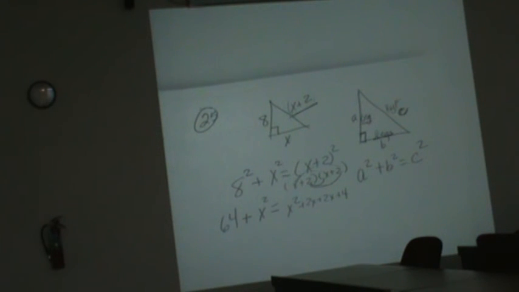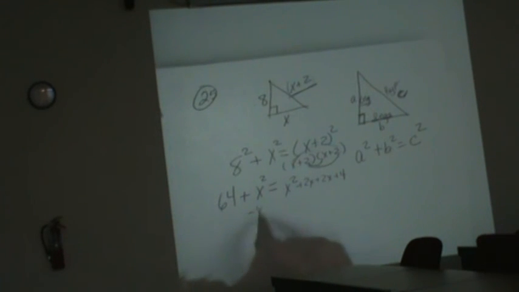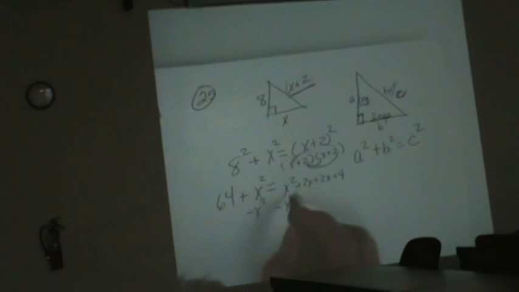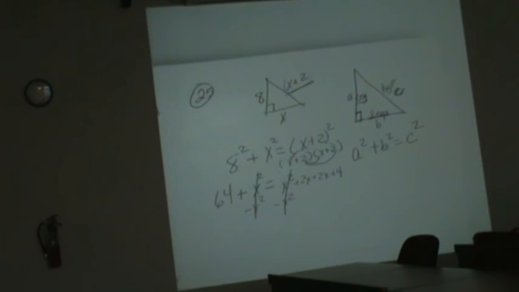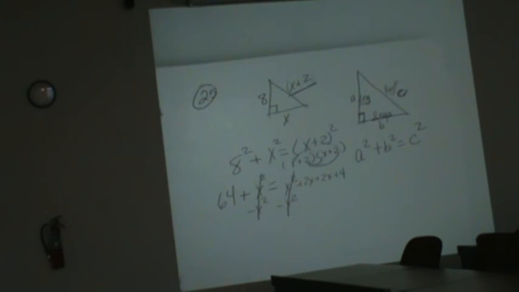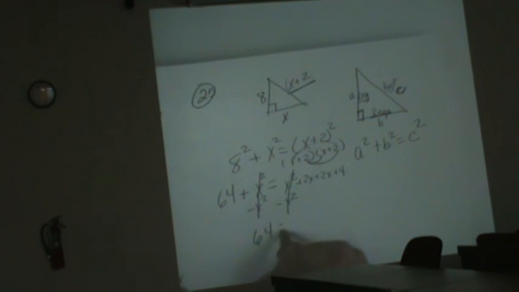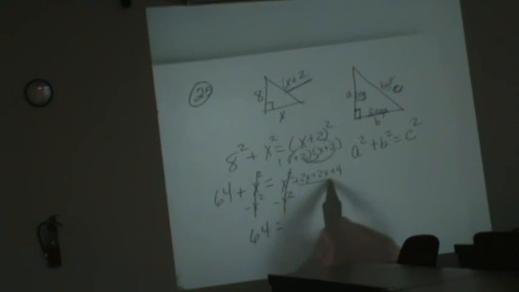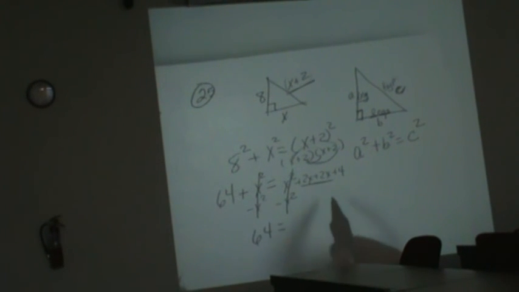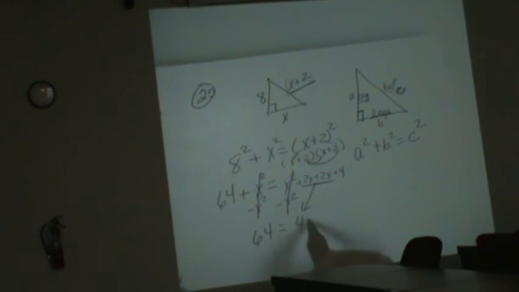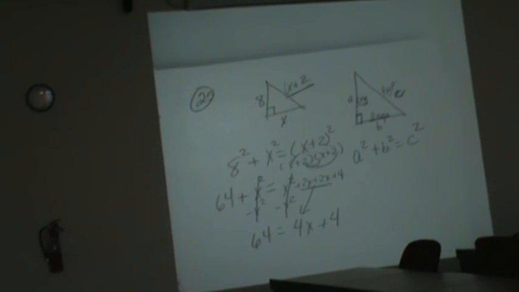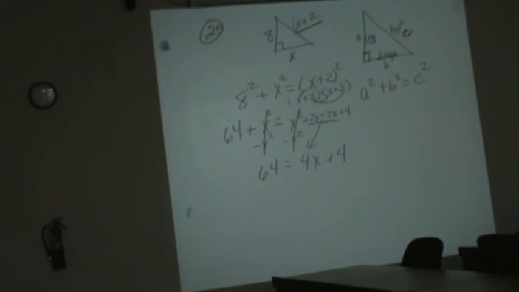Okay. Let's go ahead and subtract X squared from both sides. Look what it did, it got rid of it. That's nice. That's a good thing. Okay, 2X plus 2X, 4X plus 4. Okay, we still need it to equal, oh, we're solving for X, right?